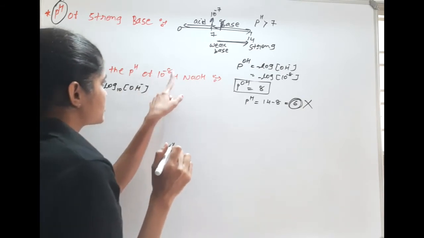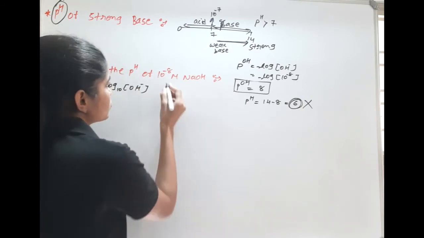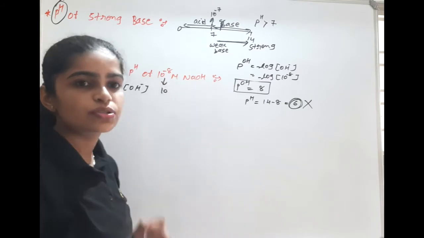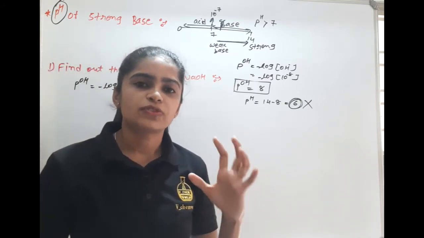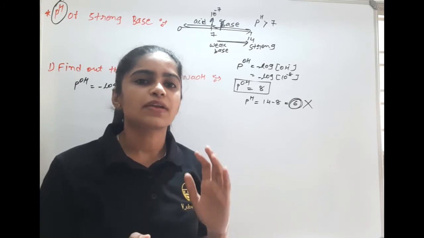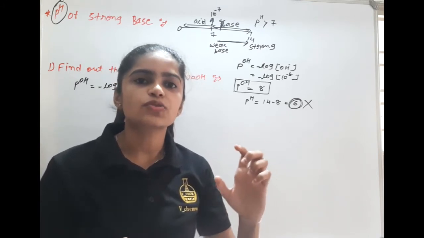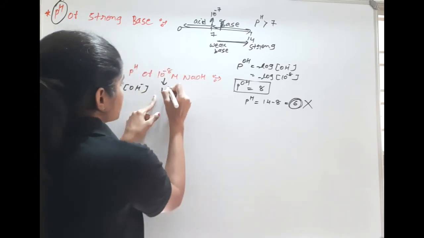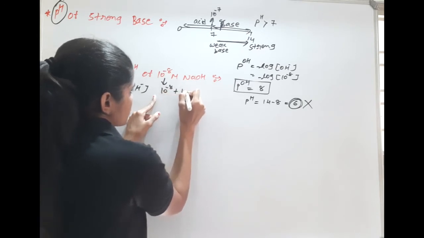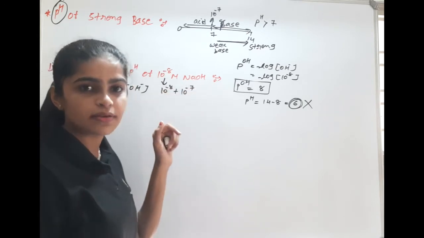In a very dilute solution, a measurable amount of water is present, and the water's concentration is 10 raised to minus 7. So the total is 10 raised to minus 8 plus the water contribution of 10 raised to minus 7.